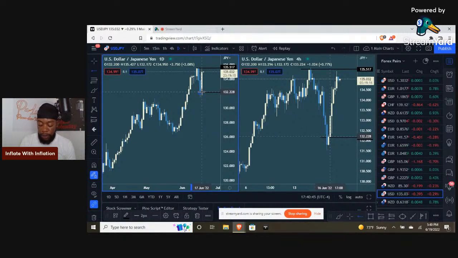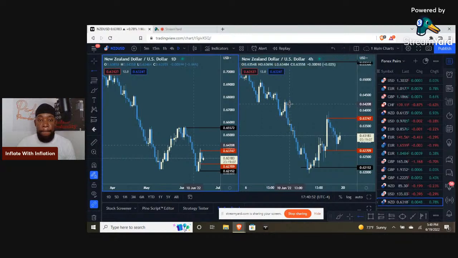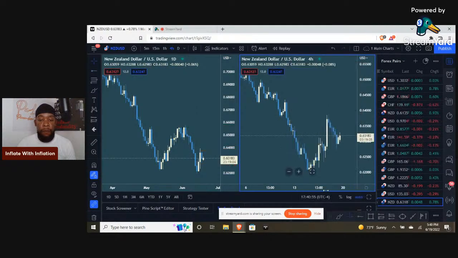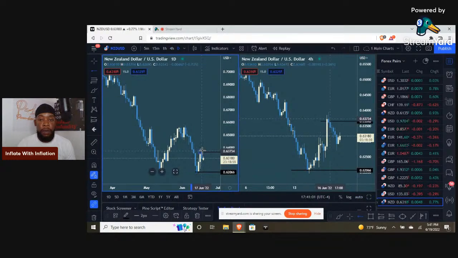So we got a +3 yen as well. Here, New Zealand's buying, US dollar selling. Bulls +3 as well. Ooh, we got a lot of +3s for the daily players, which is a good indication that there's a lot of market turns happening. And I think the market turns are going to change within the US dollar.